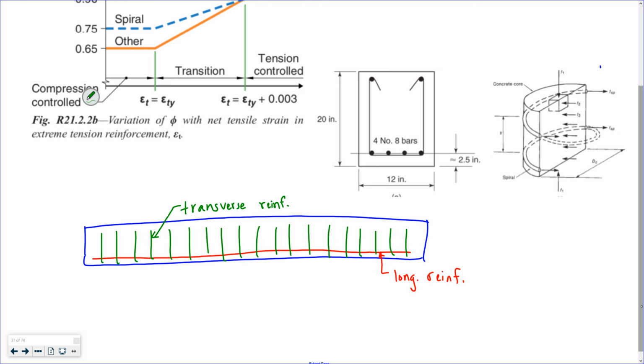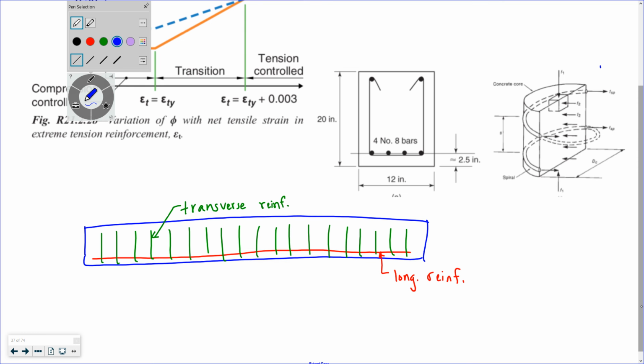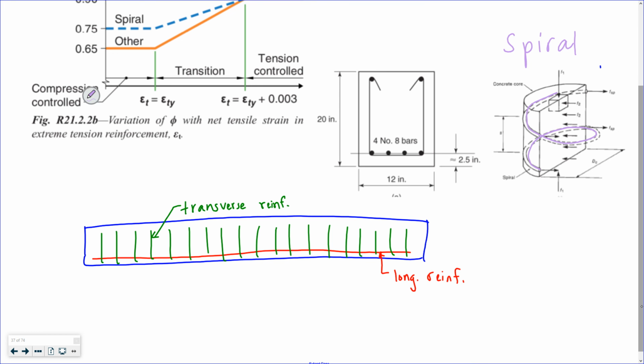There's two different types. There is spiral transverse reinforcement, where obviously, if you have a circular cross section, you just spiral it up. There's probably some longitudinal stuff in there. And then there's everything else, which they call other.